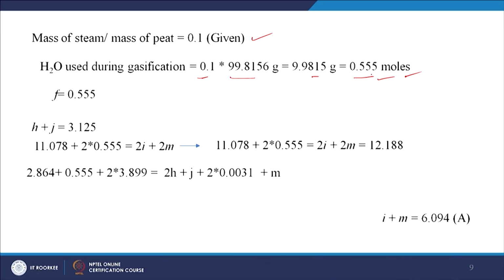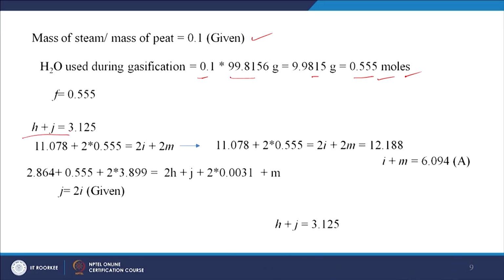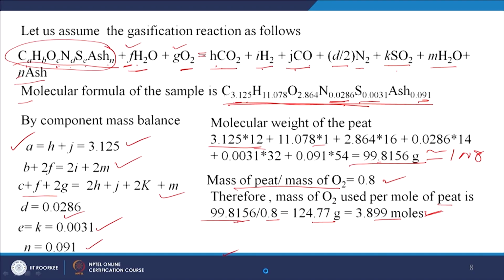And also we have seen that H plus J is equal to 3.125, which gives the H and J values. Now we will use this formula, B plus 2F equal to 2I plus 2M.